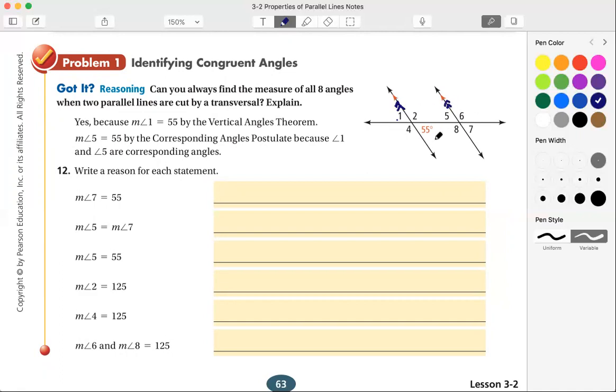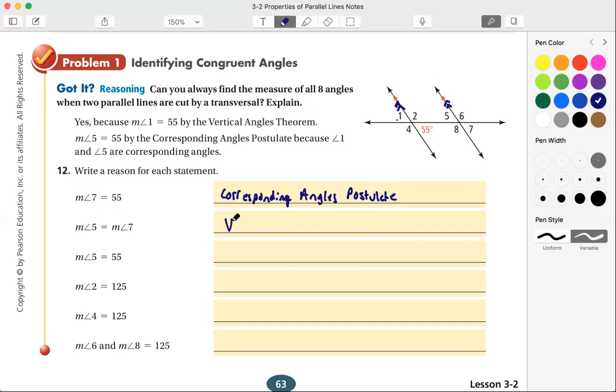Cut by a transversal. We're going to write a statement for each angle. Why is the measure of angle 7 also 55 degrees? Because these are corresponding angles. So the reason we would write is the corresponding angles postulate. Why does angle 5 also equal angle 7?